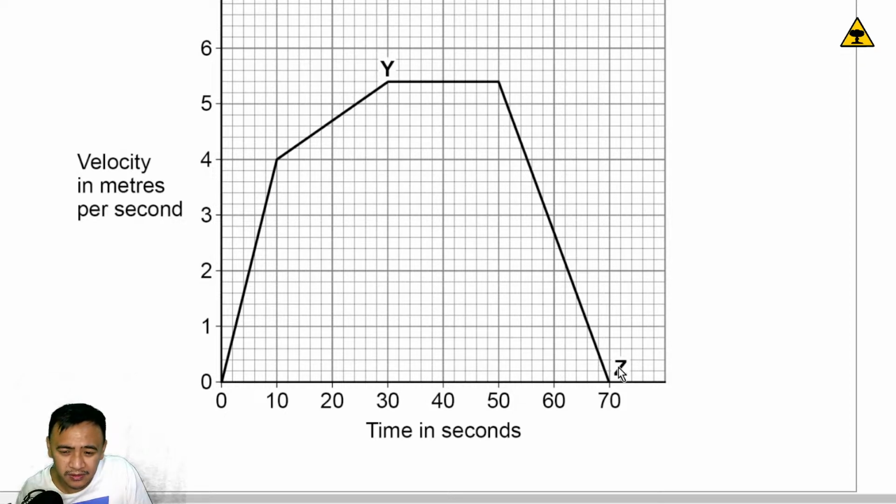Alright, if not, you could just split it into 3 different shapes. Actually, 2 is enough, because you're only going from Y to Z, right?